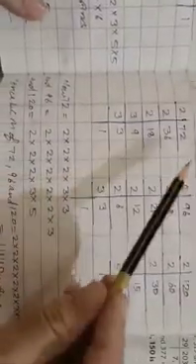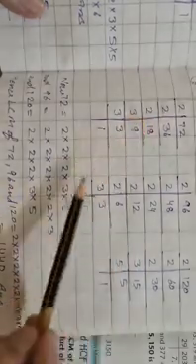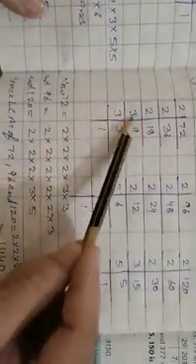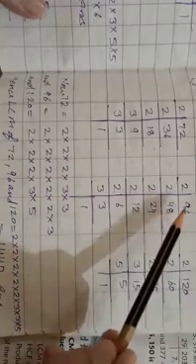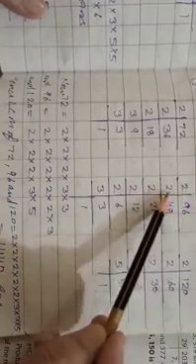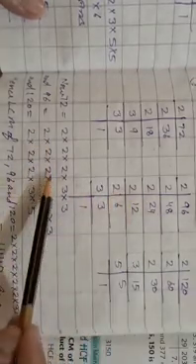Now resolving the prime factors of 72: 2 into 2 into 2 into 2 into 2 into 2, 3 into 3. Resolving the prime factors of 96: 2 five times, 1, 2, 3, 4, 5, and 3.